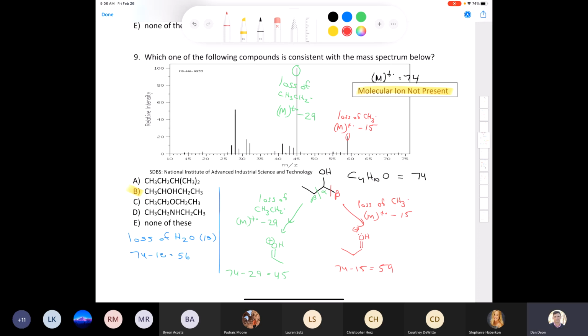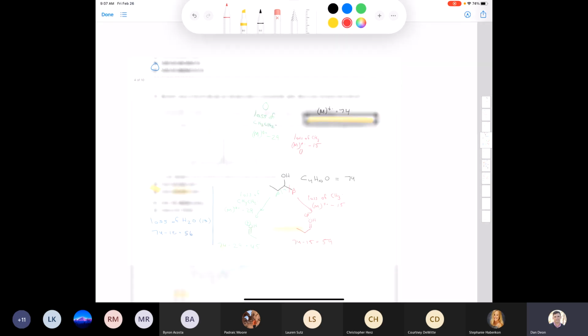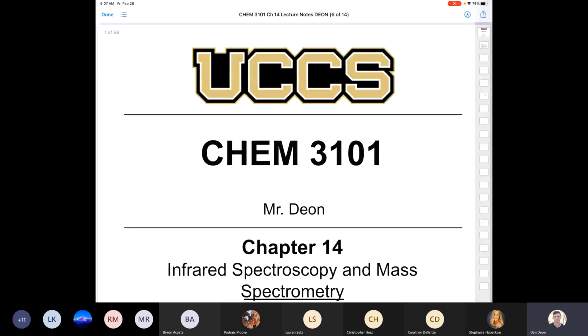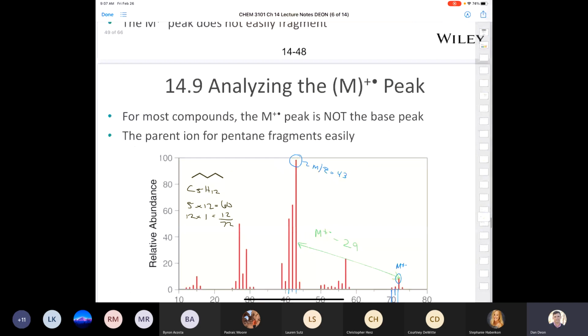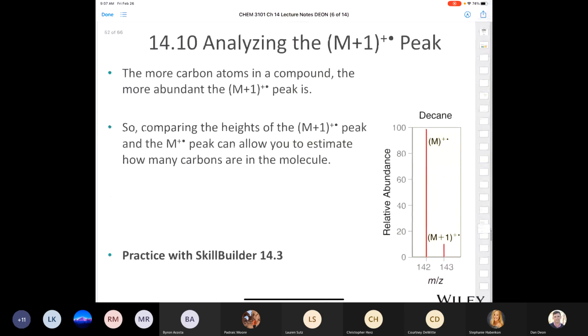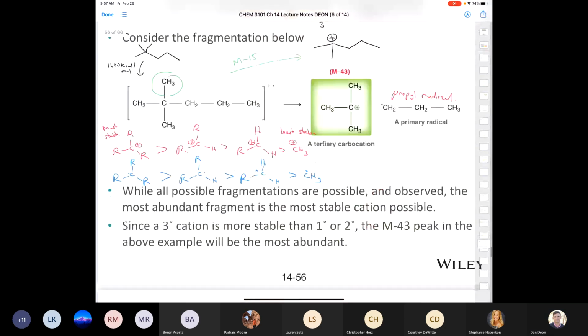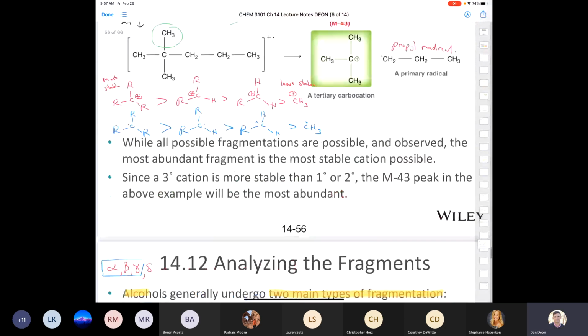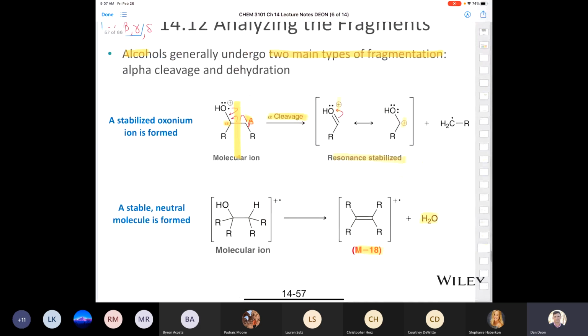Okay, so somebody says, how do you know what is an alpha carbon and what is a beta carbon? Without me going back into my slides, well, I guess I could. You go way to the end of the chapter, where we talk about alpha fragmentation, alpha cleavage.